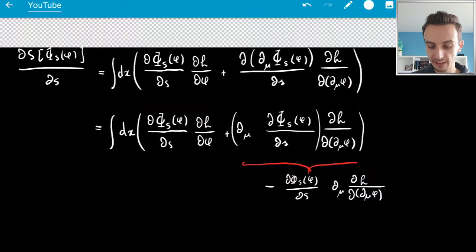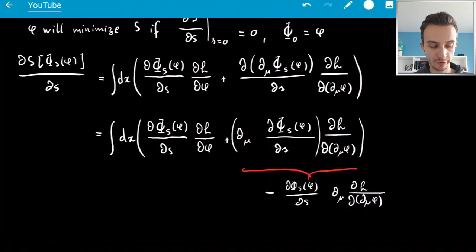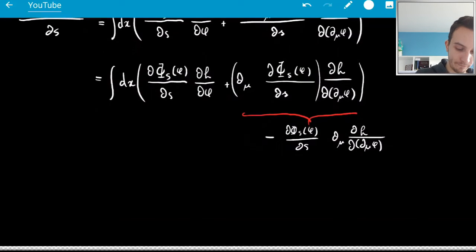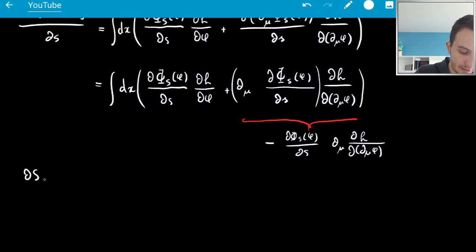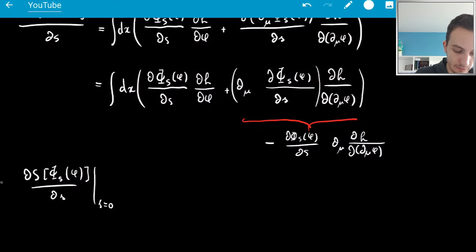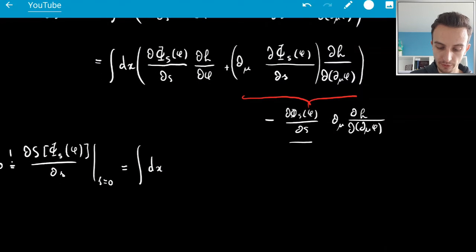Now notice that these L's are obviously still functions of phi s, big phi s, of the one parametric group of transformations. But now we apply the condition that at s equals 0, this needs to be 0. So we have d phi s by ds at s equals 0. We require it to be 0, and that's where we apply this evaluation inside, and notice that I can group these two terms together.